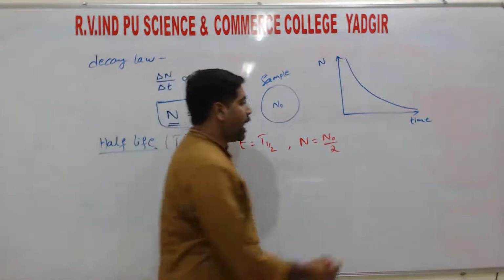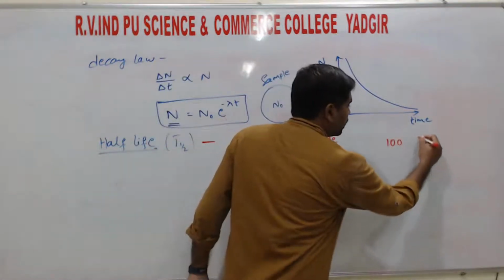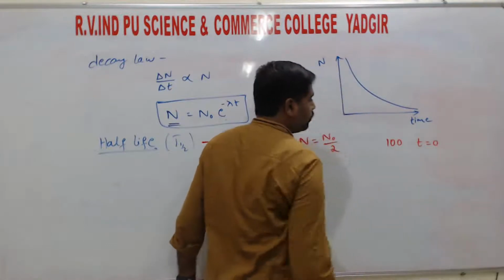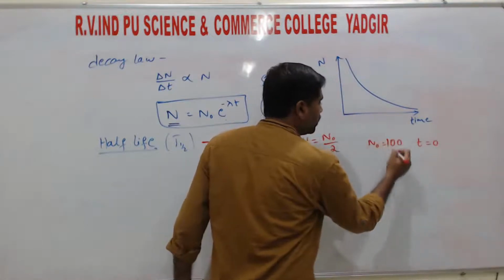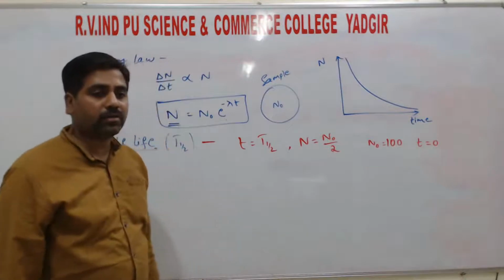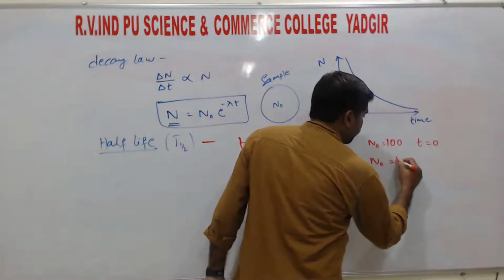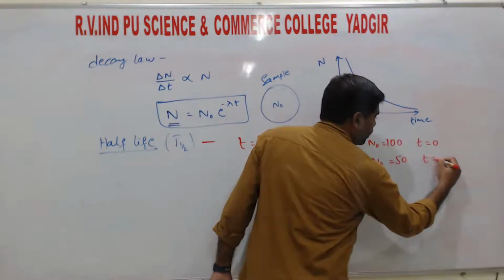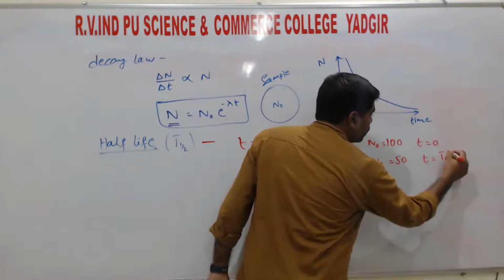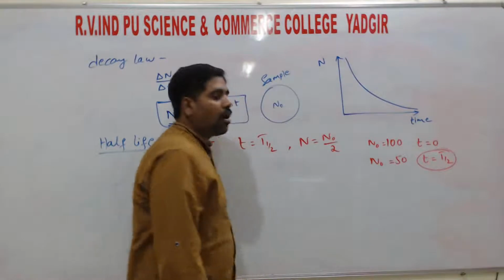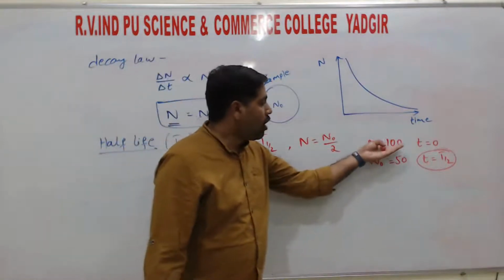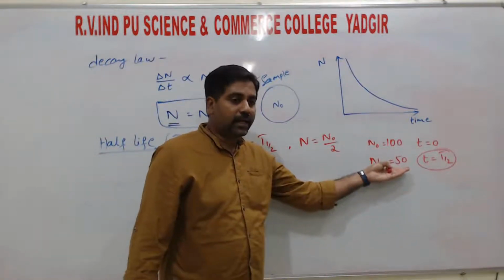If we have 100 nuclei at time t equal to 0, then we get 50 at t equal to T half. Exactly half of the nuclei is disintegrating.